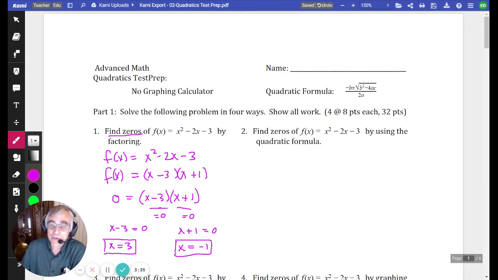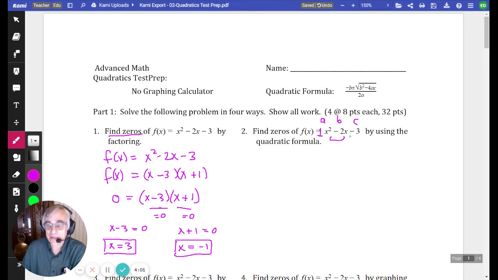Now moving forward, we want to use the exact same function and solve it by using the quadratic formula. So what we're being asked to do is demonstrate that we can evaluate the quadratic formula with these coefficients. And coefficients here in standard form are a, b, and c. In this case, the coefficient a is really 1, even though we didn't explicitly write it.